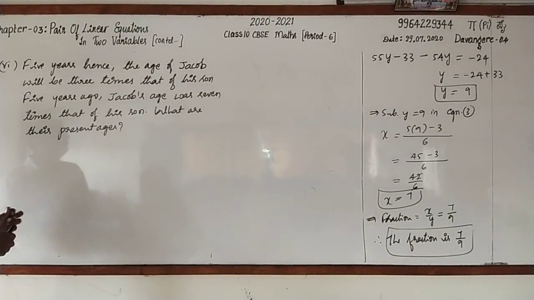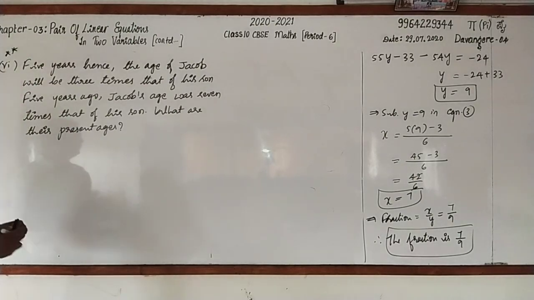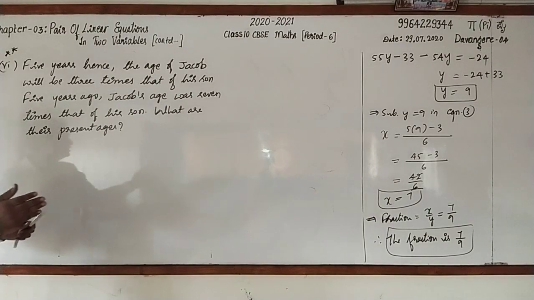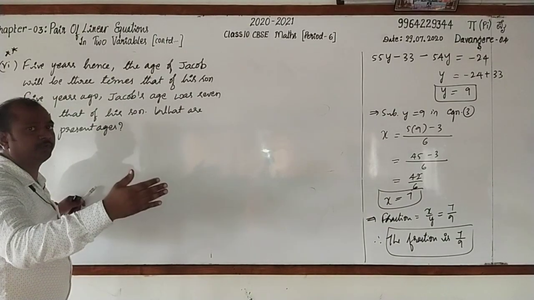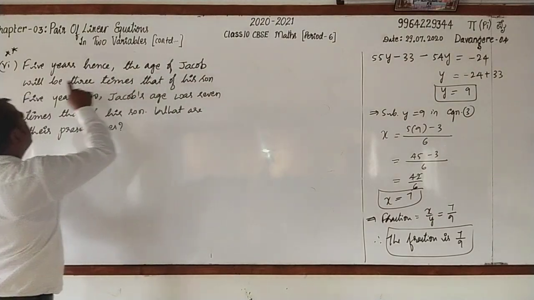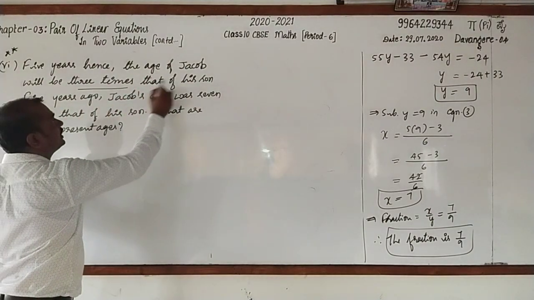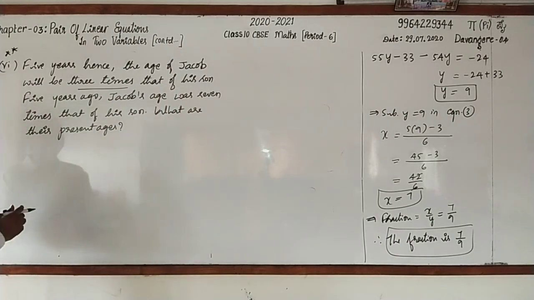Now, the sixth one, it's an age related problem. It is an important one. Go through this. 5 years hence, that means after 5 years or 5 years from now, the age of Jacob will be 3 times that of his son.